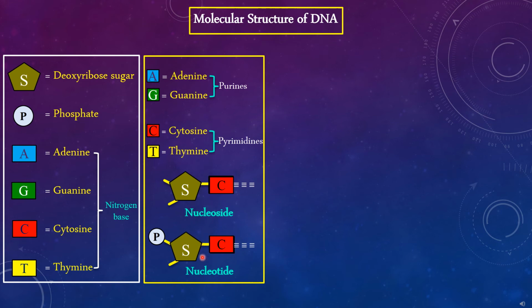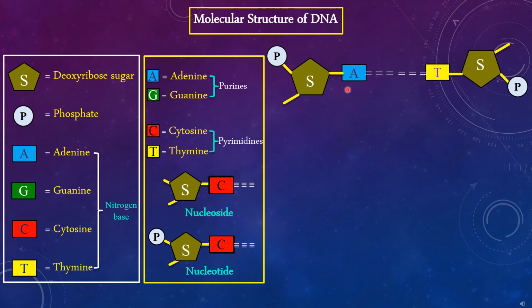Nucleoside, nucleotide. DNA is a polynucleotide structure; it contains a huge number of nucleotides. Here is a nucleotide with adenine, a purine nitrogen base.